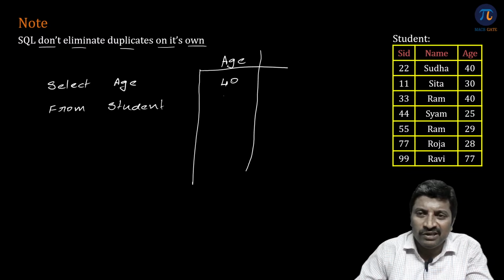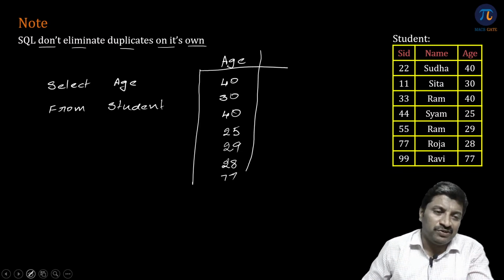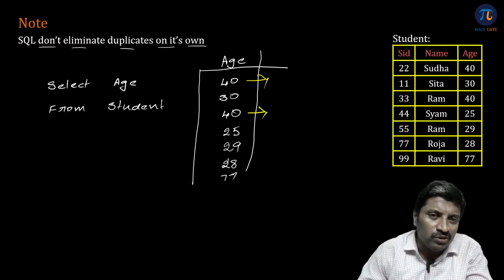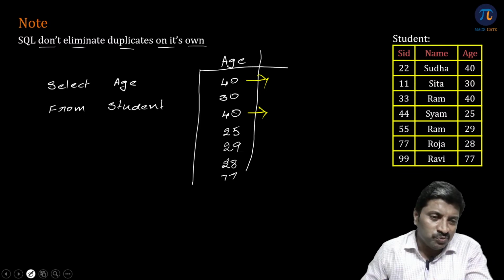First record 40, second record 30, third record 40, fourth record 25, fifth record 29, sixth record 28, seventh record 77. Sir, please observe it. Here, this is a duplicate. Even though it is a duplicate, it doesn't eliminate it. If you want to eliminate, then I need to specify the distinct keyword.